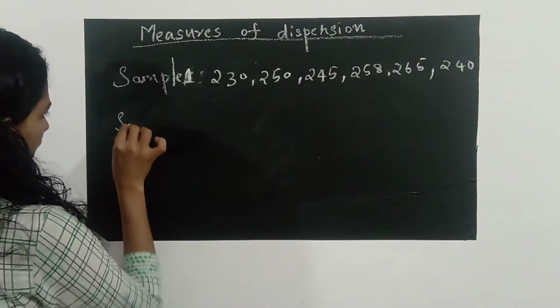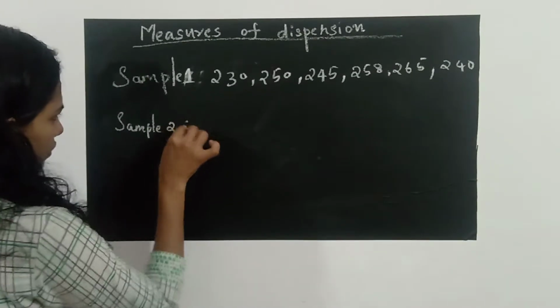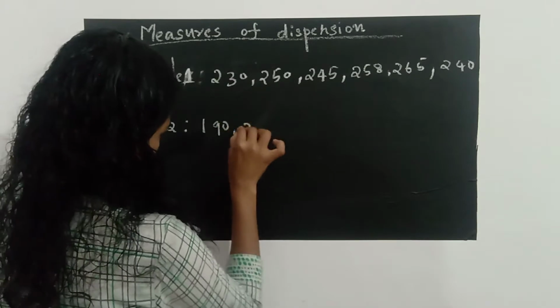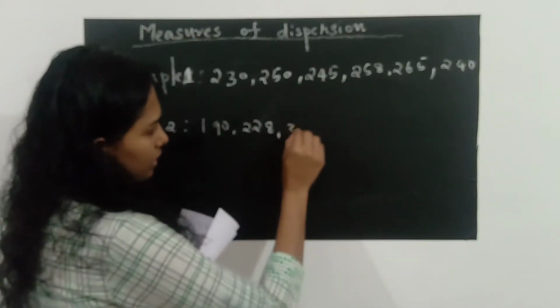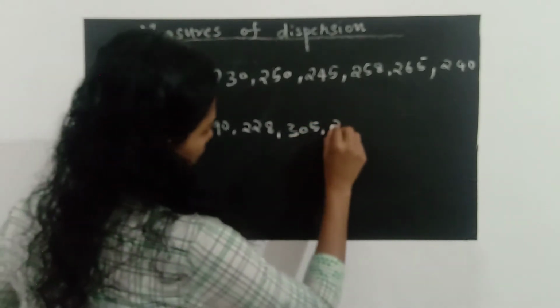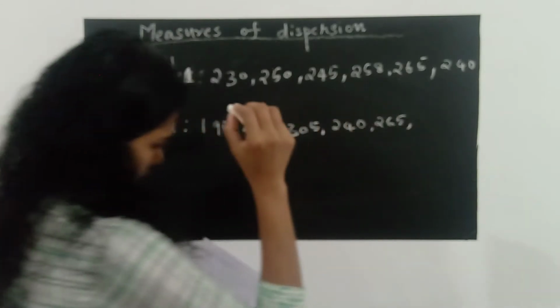And here we have our sample 2: 190, 228, 305, 240, 265.